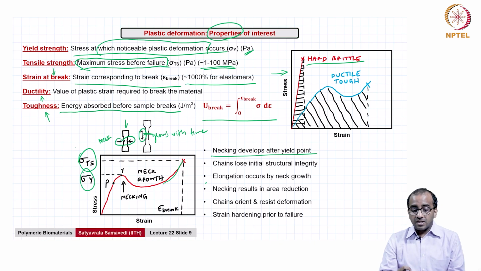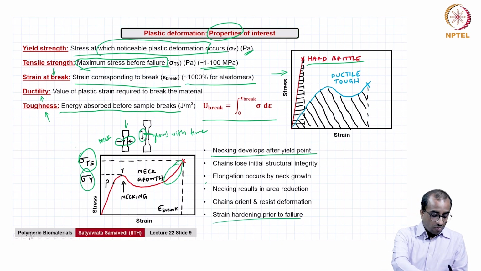All of these things can become clear only when you ask questions like that. So now, all we are saying for this picture is that there is a mechanism by which a neck can form beyond the yield point, and as you keep pulling it more, the neck is going to grow, and as you keep deforming it more and more, you are going to have some strain hardening because of chain alignment, which is going to resist deformation, and eventually it is going to fail.